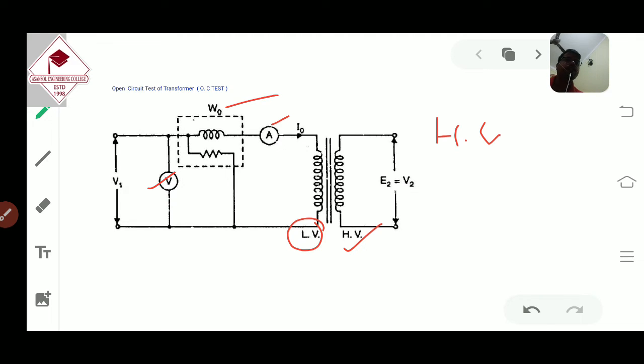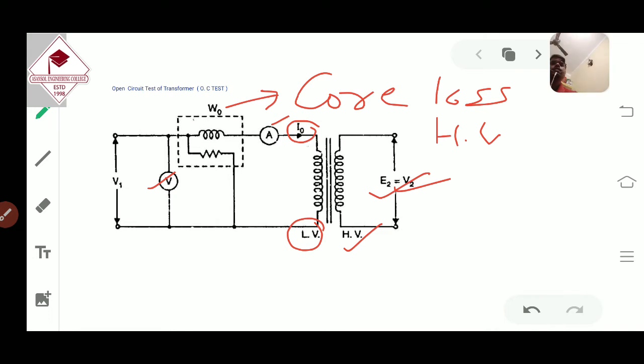So this W0 will show the core loss only, because copper loss is neglected, because this I0 current is very low due to no load at the secondary.